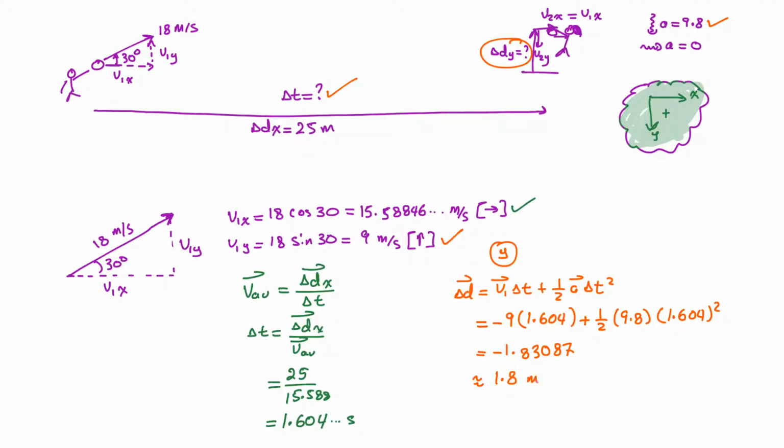1.8 meters. And in terms of direction, looking at my coordinate system here, down is positive. So since I get a negative value, that means it's not down, it's actually up.